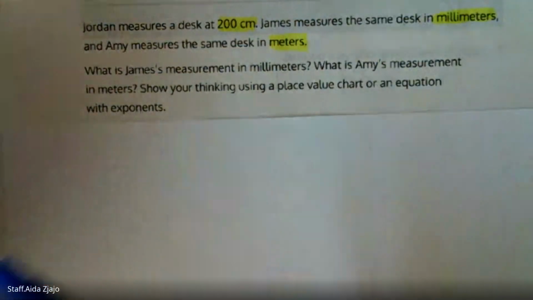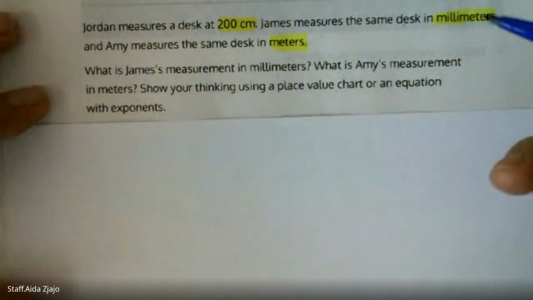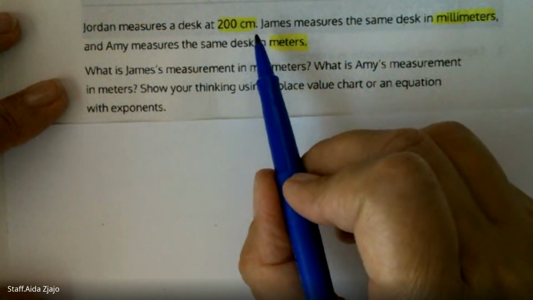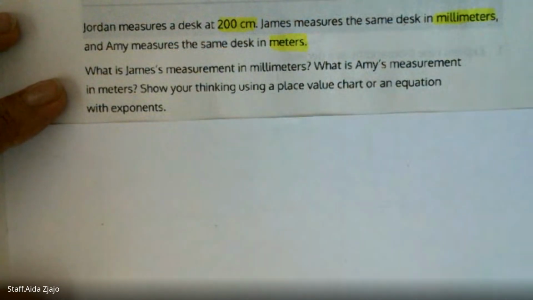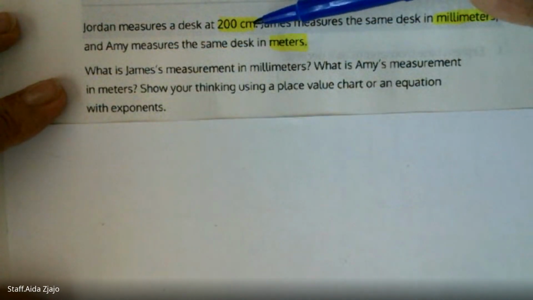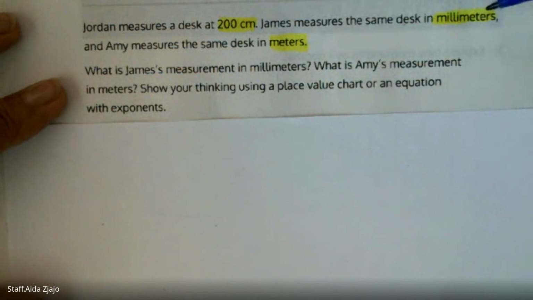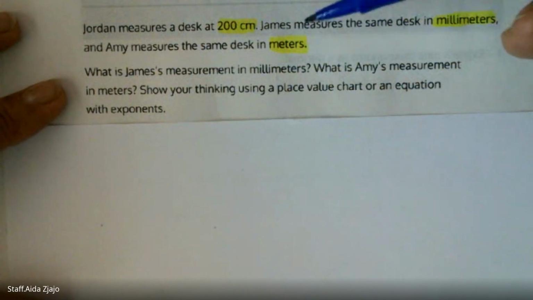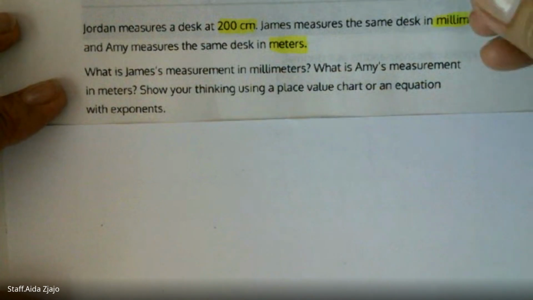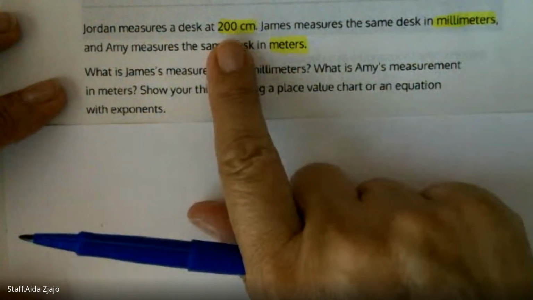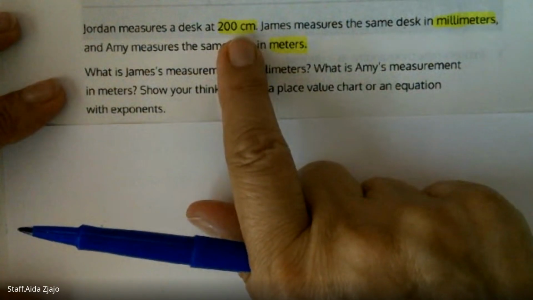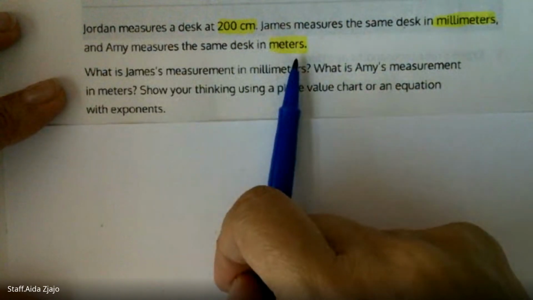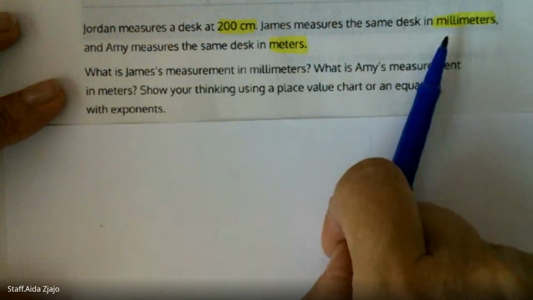So if you look, 100 centimeters is 1 meter. 1,000 millimeters is 1 meter. So when you look at this, you're changing 200 centimeters, probably into meters or millimeters.